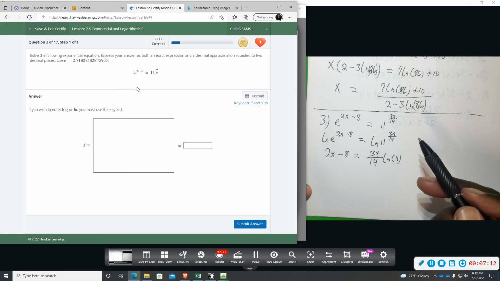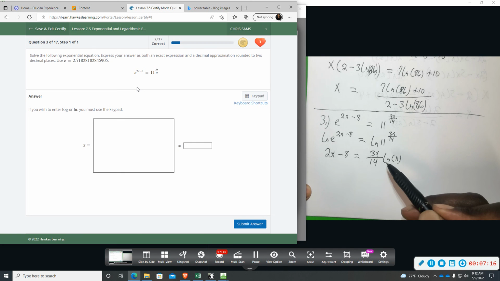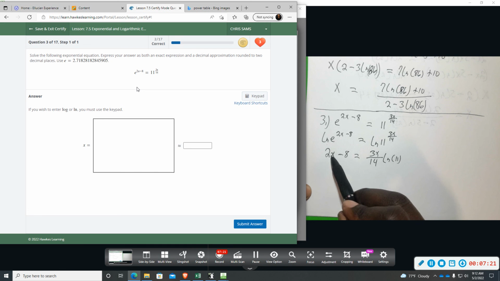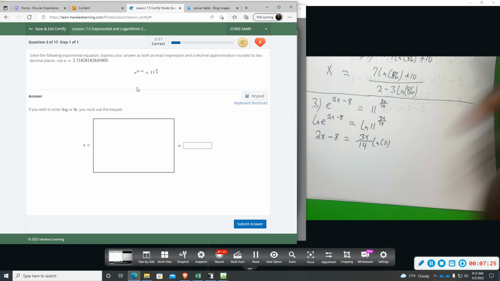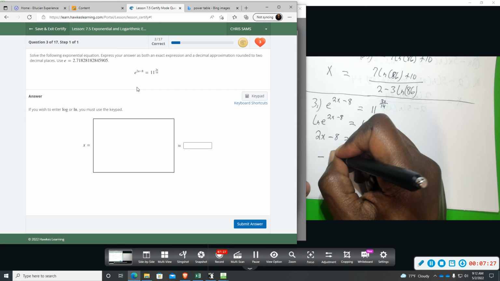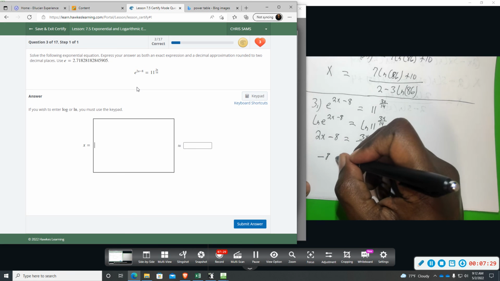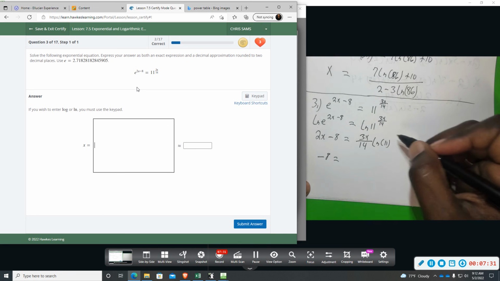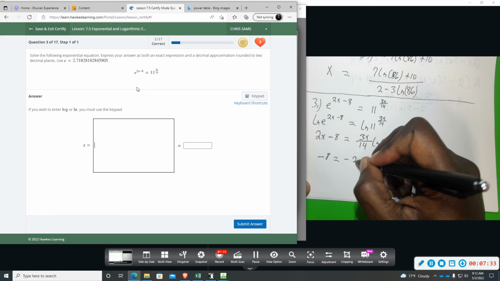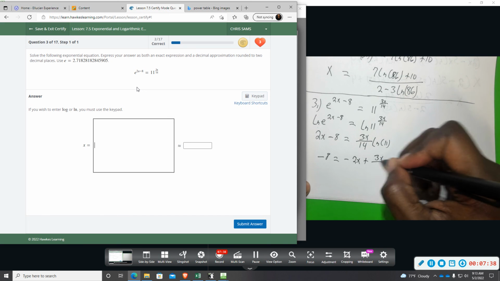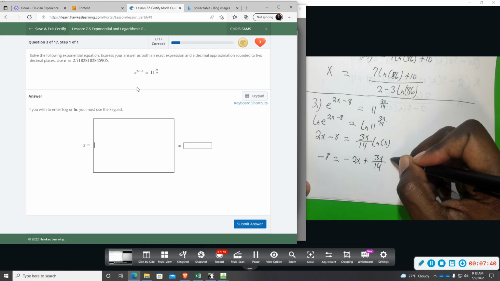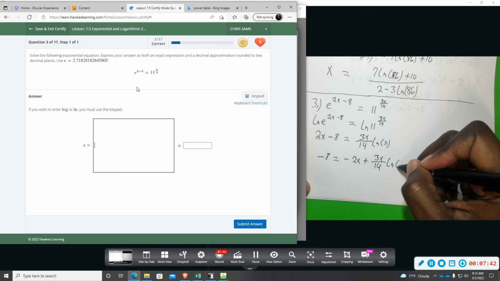At this point, I guess I will subtract the 2x and move it over. So I have a negative 8 equals, and I'm going to move the 2x. So negative 2x plus 3x over 14 times ln of 11.